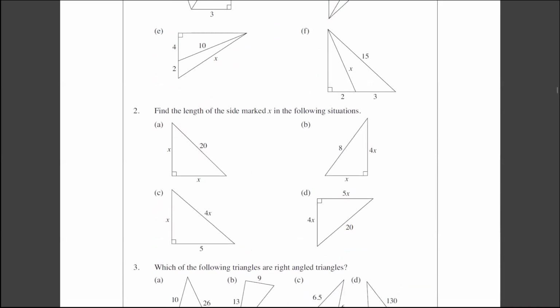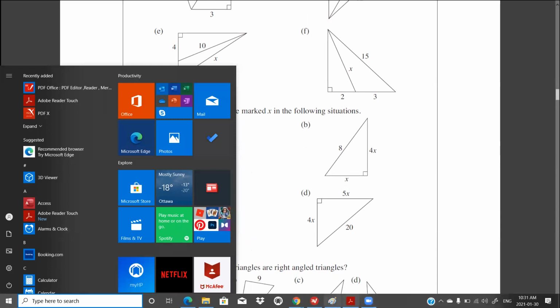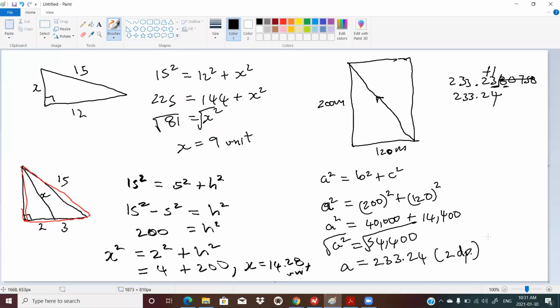So we can do a question like that, for the sake of completeness: 8 on the longest side, and 4x and x on the two shorter sides. Let me switch back.